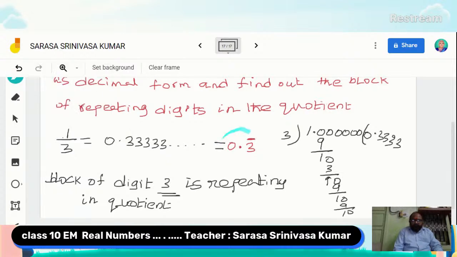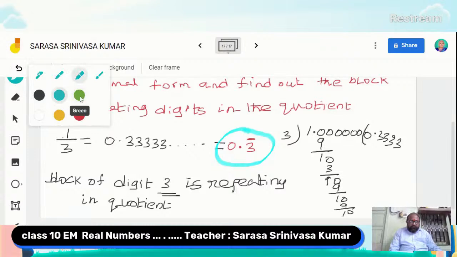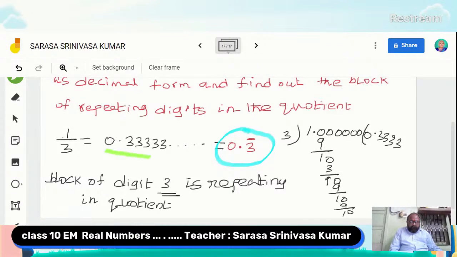So non-terminating recurring decimals can be expressed using a bar. 1 by 3 equal to 0.3333 and so on.